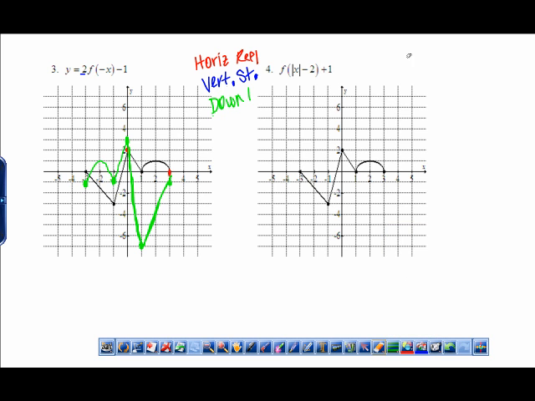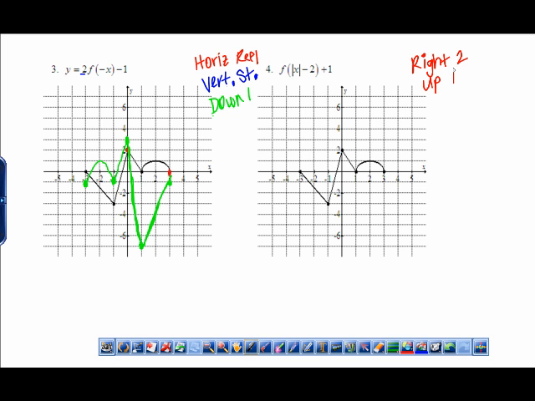Okay, last one we're going to do together. Remember I said the exception from working inside out is this absolute value, so that's actually what we're going to do last. So the next thing is this -2. It's inside the parentheses, so that's going to be a shift to the right 2. Now if you're feeling up for it, I think this is a good one for us to try to do 2 transformations in one. Since it's a right 2 and then this +1 is going to be up 1.